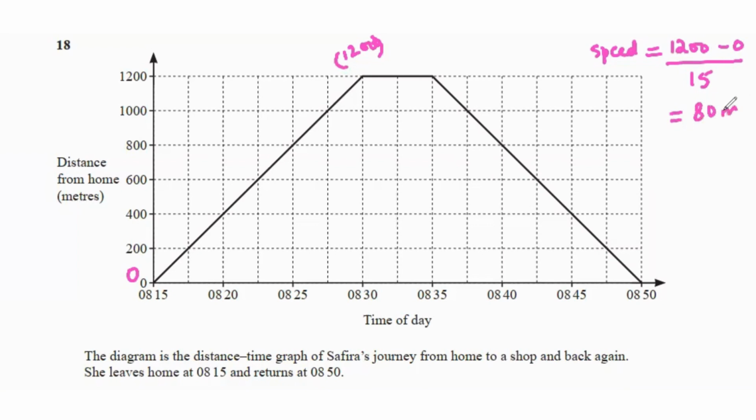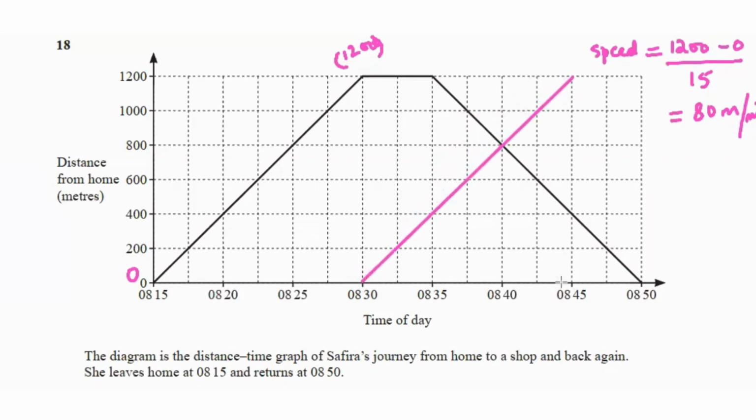So 80 meters per minute is your speed over here. If the brother is going to follow the same speed and he's starting at 8:30, then his journey will end over here at 8:45.